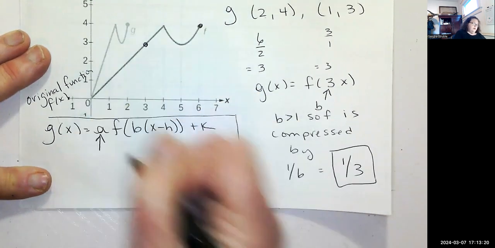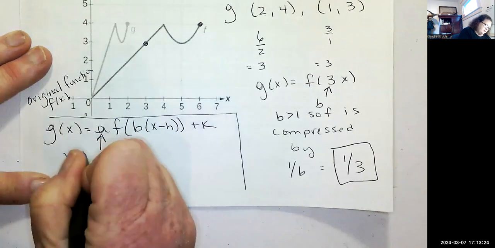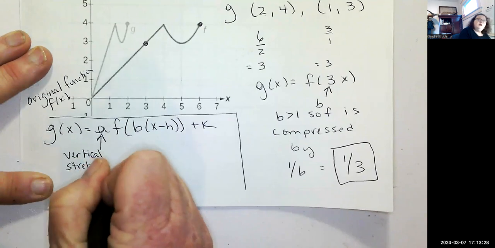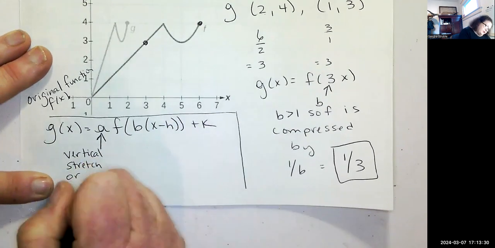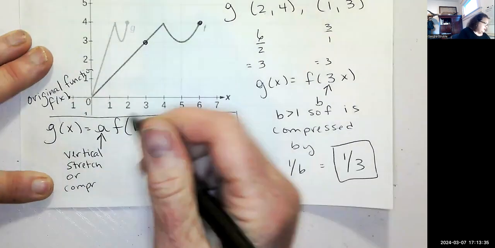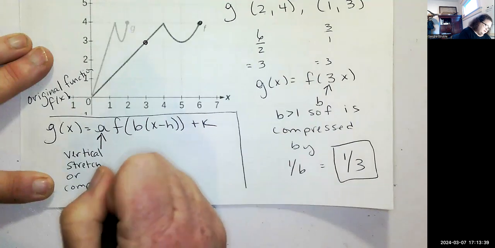If it has a number out in front, this is going to be a vertical stretch or compression, unless it's negative, then it's going to flip over. It's going to reflect.